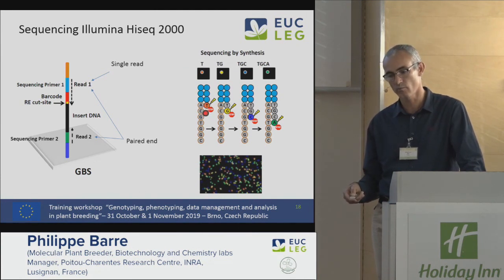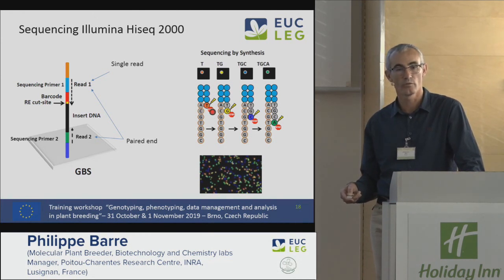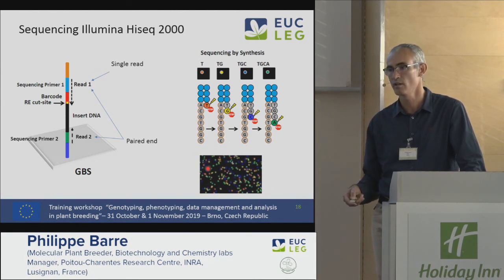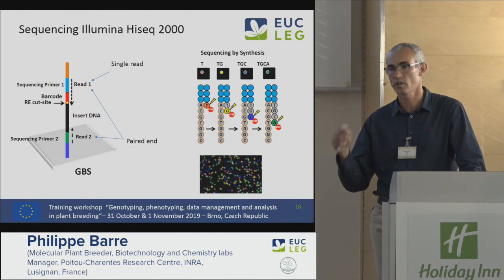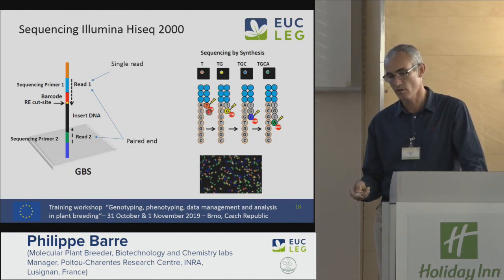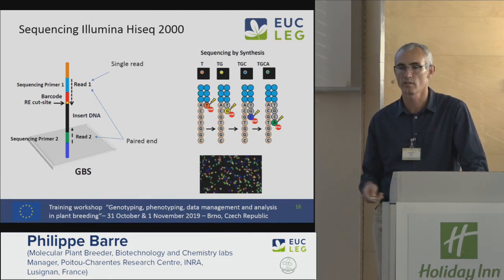Each time, for example, a T comes, it will give you a red signal that you can see here. So this is a picture of the flow cell, and you see the signal. Each time, if it's red, it will be a T, and then a yellow or blue or green.